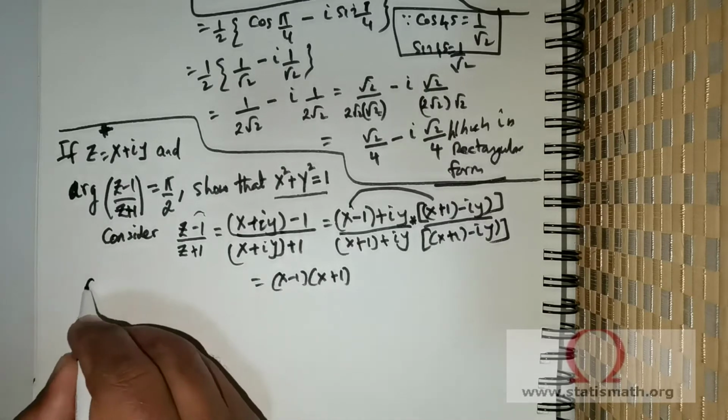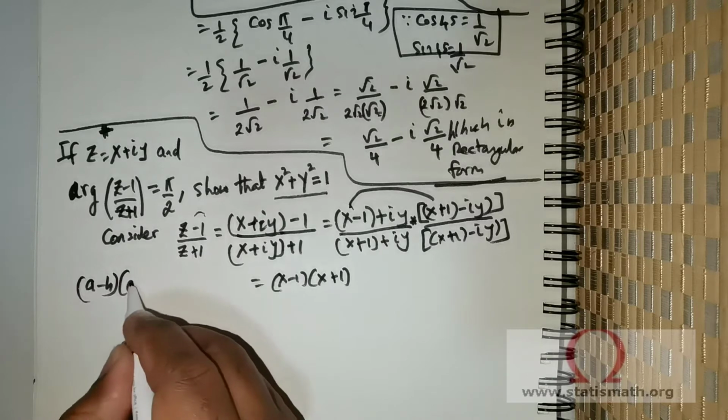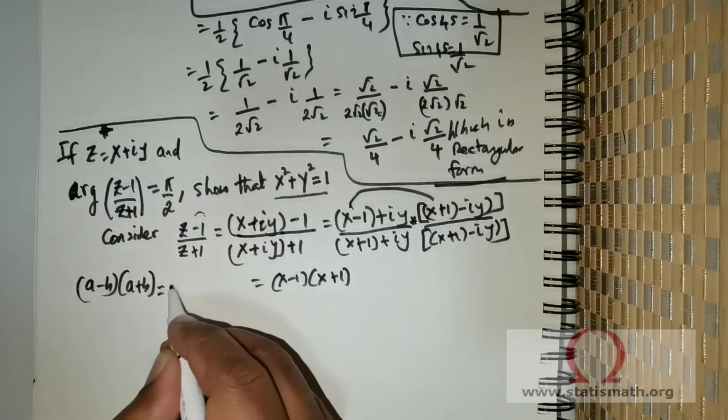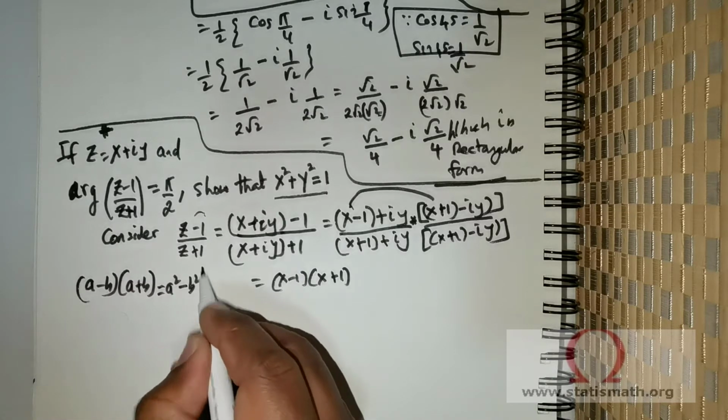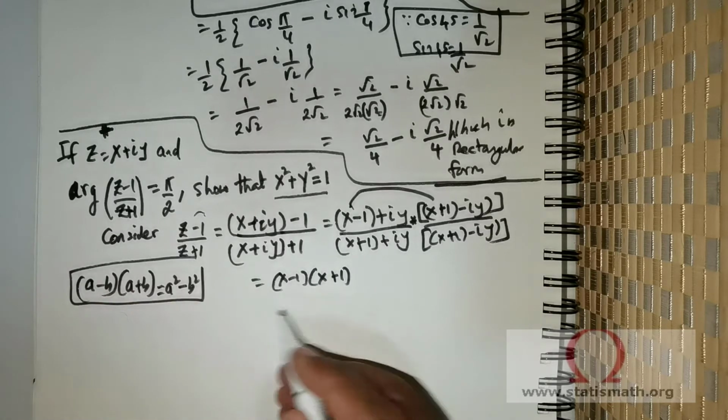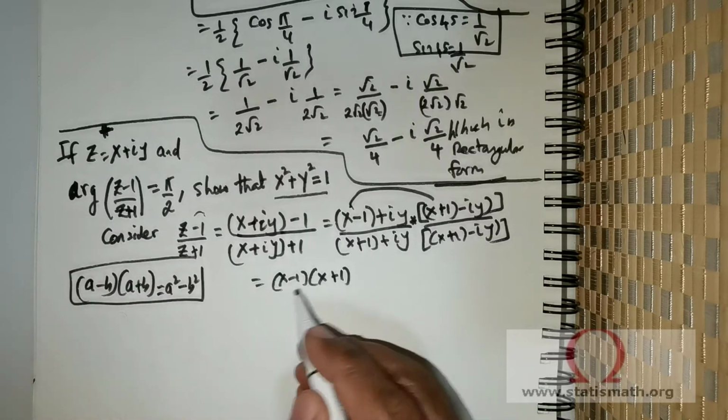We can use the formula (a − b)(a + b) = a² − b², which is a keen observation we have to make here.